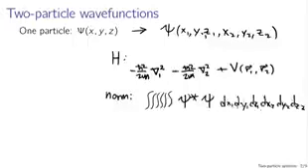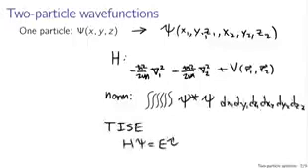The time-independent Schrödinger equation is going to look very similar. Essentially, H psi equals E psi, same as before, where the Hamiltonian is now an operator H hat. The solutions you get to the time-independent Schrödinger equation are still going to behave the same way they behaved before, and this is the very comforting thing. When we derive the time-independent Schrödinger equation from the time-dependent Schrödinger equation, we still get the same sort of behavior.